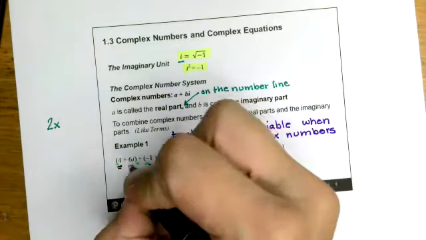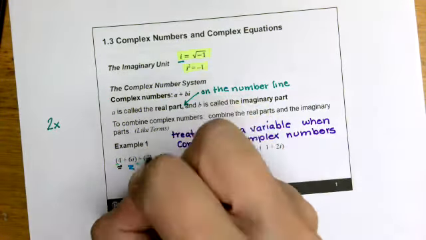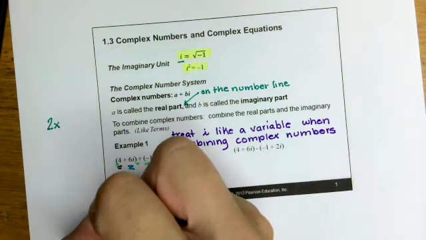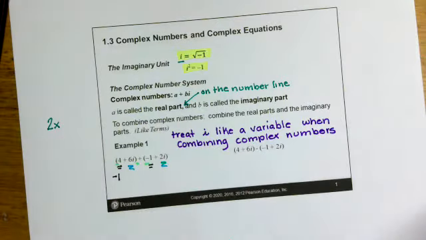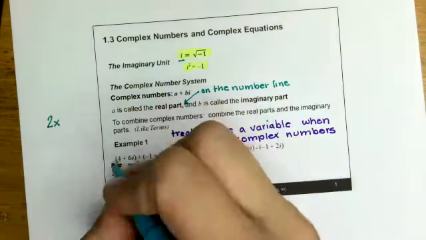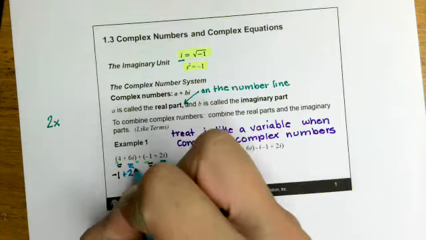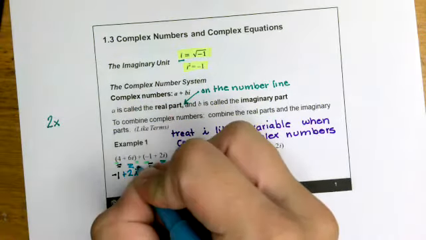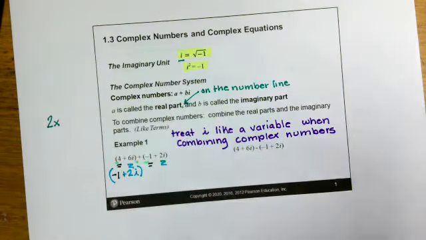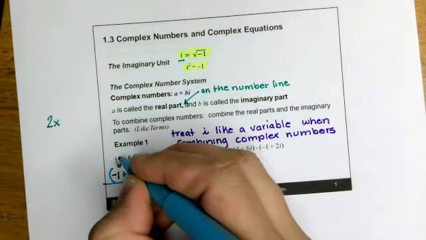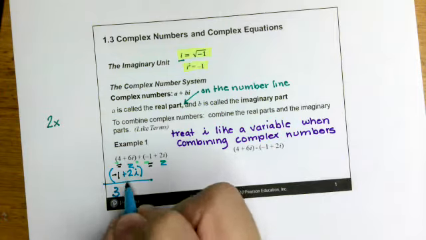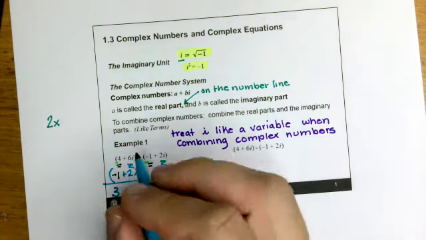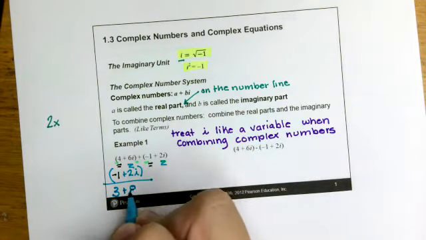This is a positive, so we don't need to distribute anything. 4 minus 1, 6i plus 2i. All I did is I moved this below this one. 4 minus 1 is 3. 6 plus 2 is 8. 3 plus 8i.